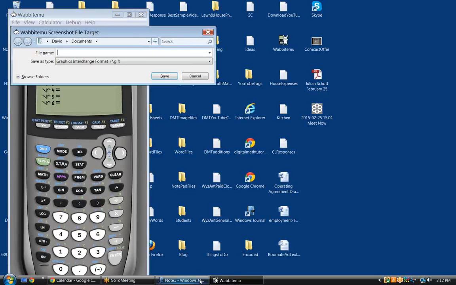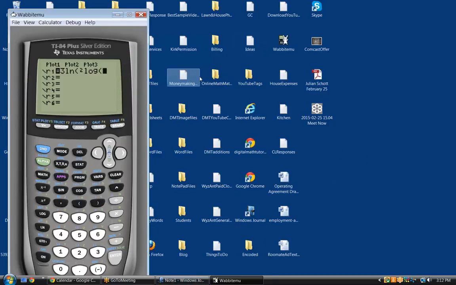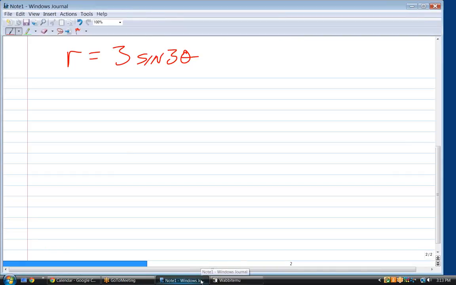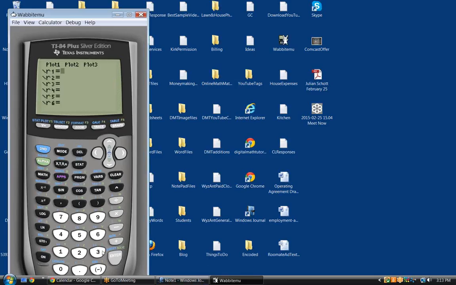Hold on. This is weird. Oh, I know what I'm doing. I keep forgetting that with this calculator you can't type it that way. So what is it? r equals 3 sine of 3 theta. There we go. All right, let's graph that and see what we are looking at.